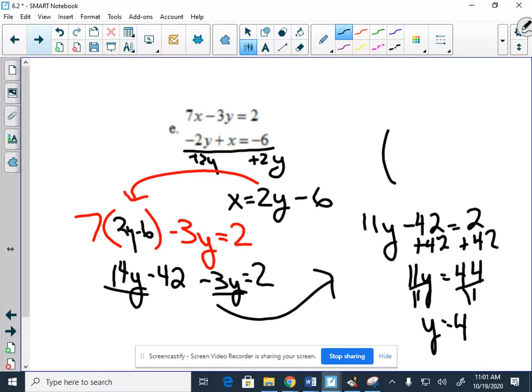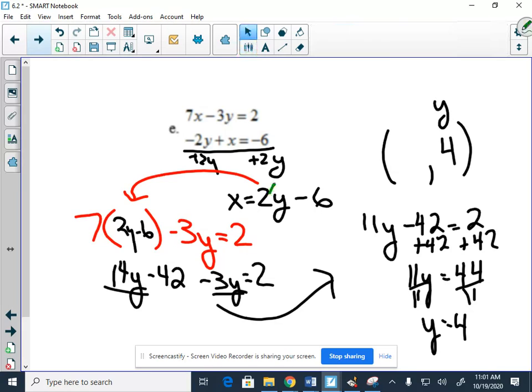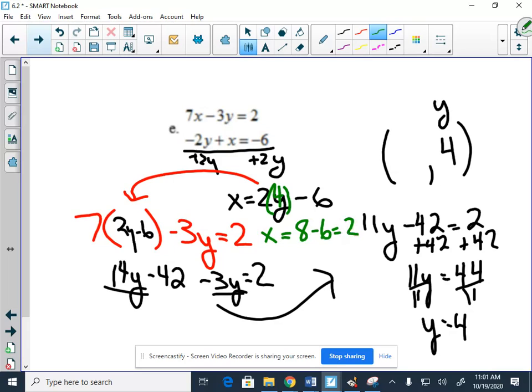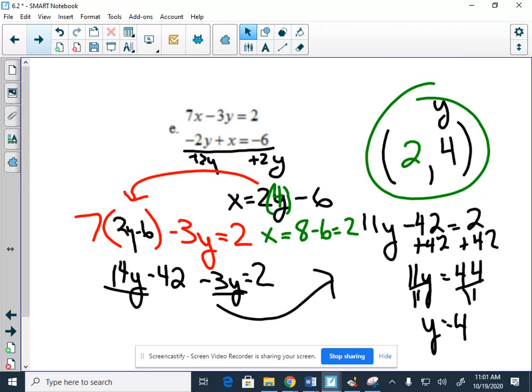So we had y is 4. Now take that 4, put it back into your equation over here. We put 4 in there. 2 times 4 is 8. Subtract 6 is 2. X will be 2. That's our solution.